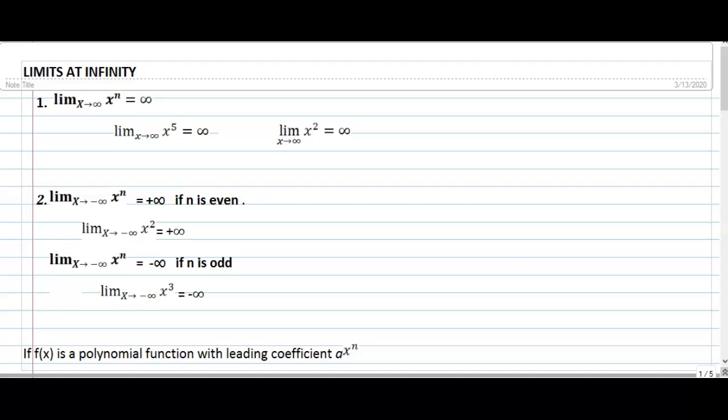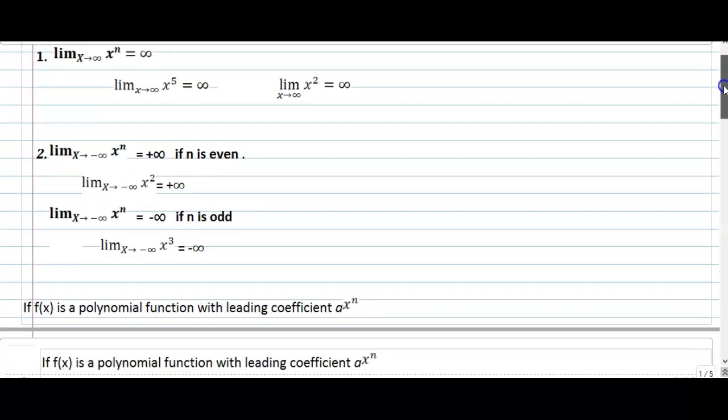So if we take something which is infinitely large, in this case positive, and raise it to a power, then it will even become larger. So the limit of x to the n as x approaches positive infinity will be positive infinity. It will increase without bound.